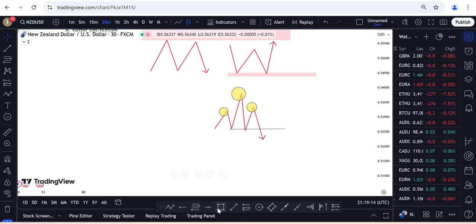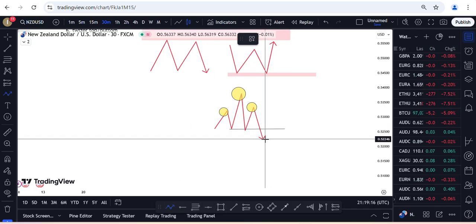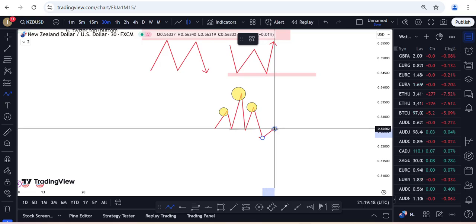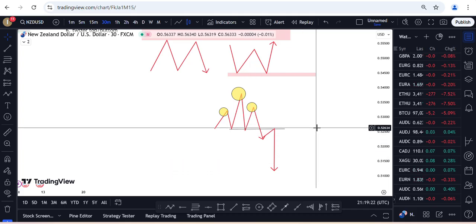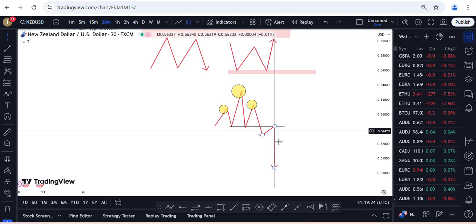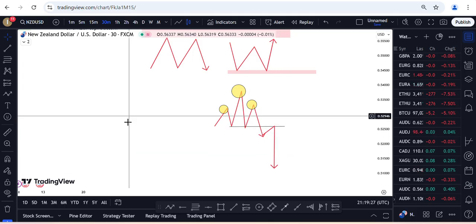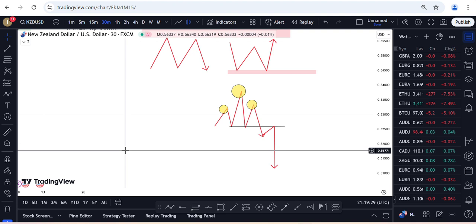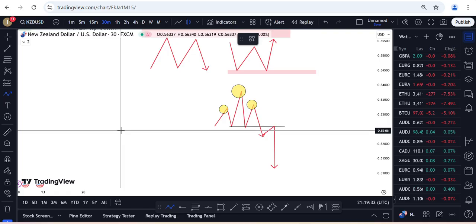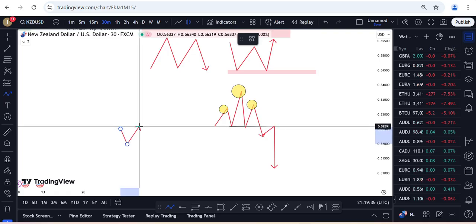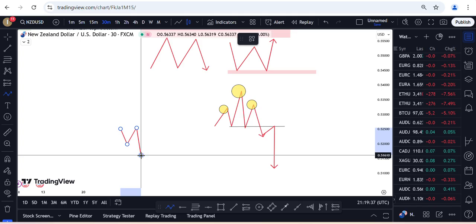And then wait for retest. Bring it again. Wait for a retest and then go for a sell all the way downside. So this is head and shoulder. You can also have an inverse head and shoulder pattern. Inverse like this. Create the first shoulder. Come back. Create a head.